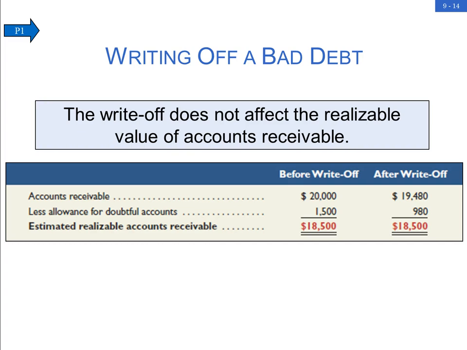So this is one of those accounts that while the normal balance is a credit balance, it can occasionally have a debit balance. This is the first account we've seen that can have both. Remember, it's a contra asset, so it's got a normal credit balance, but it can go into a debit balance if we do not estimate a high enough amount of bad debt. So you'll see that, and I want you to be aware of it.